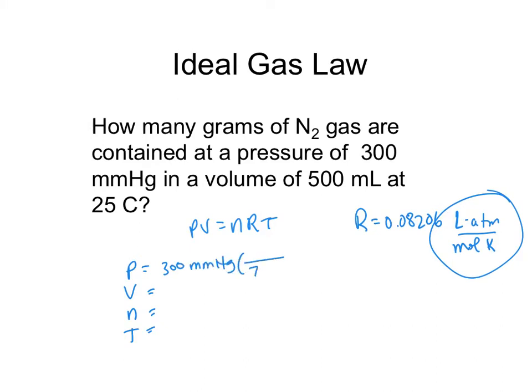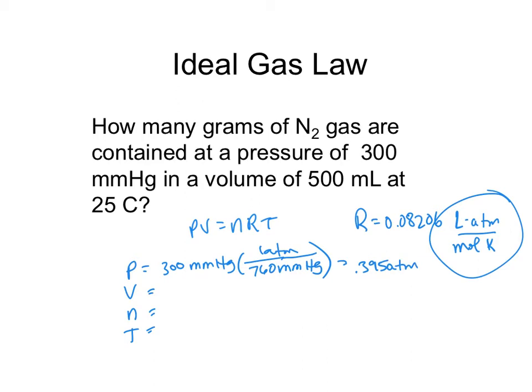You want to divide by 760 millimeters in 1 atmosphere, so 300 divided by 760 is 0.395 atmospheres.